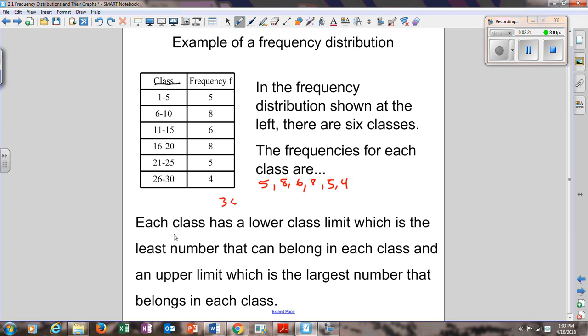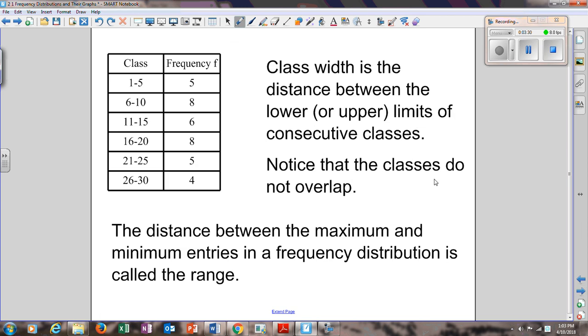You get the point. Class width is the distance between the upper and lower limits of consecutive classes. Notice that your classes do not overlap.